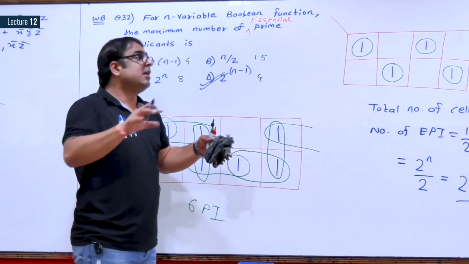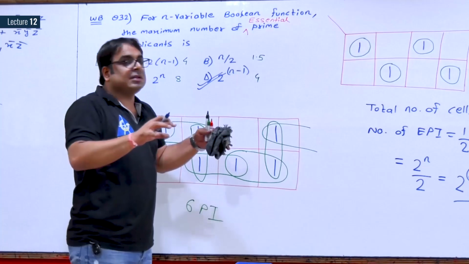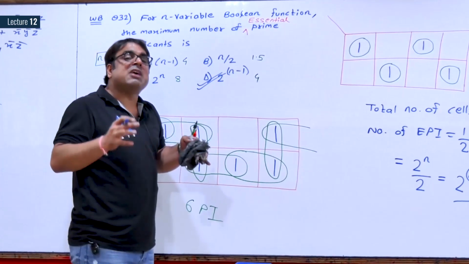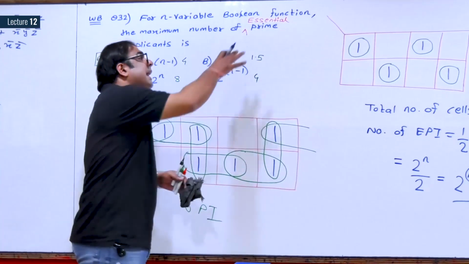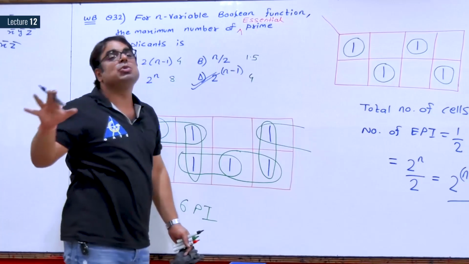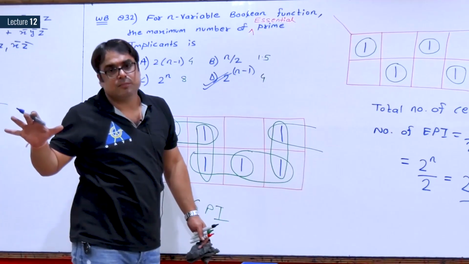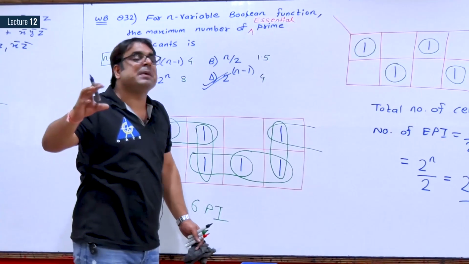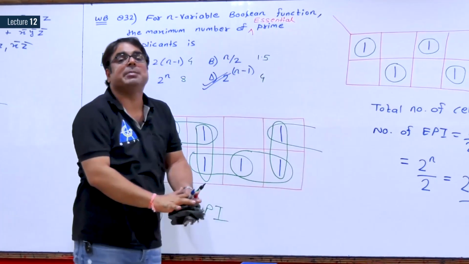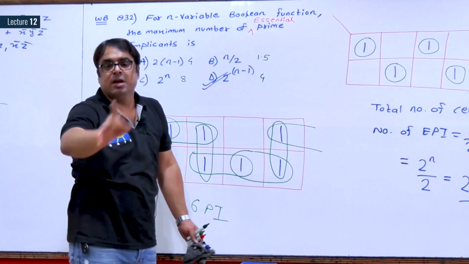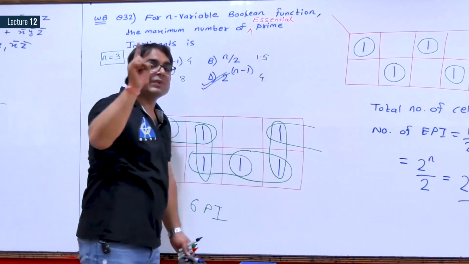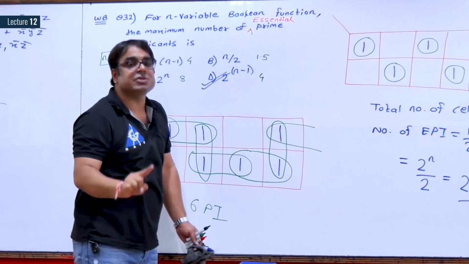Many people get it wrong here. Many people have accepted that maximum number of prime implicant is 2 to the power n minus 1. It is incorrect. It is maximum number of essential prime implicants only.